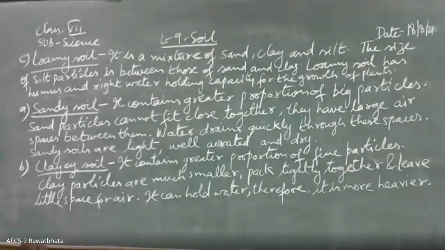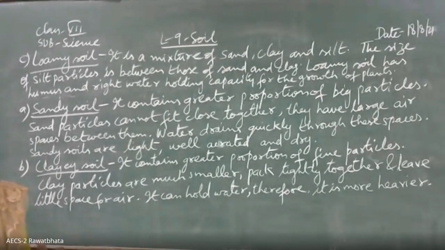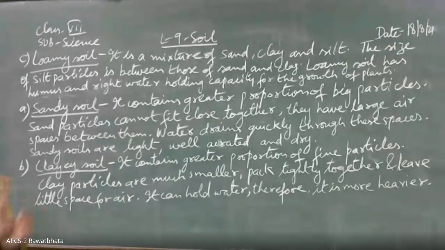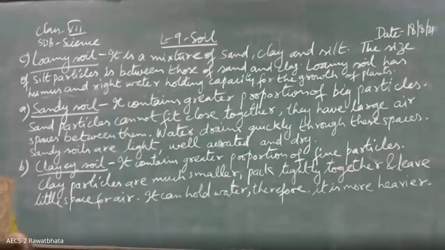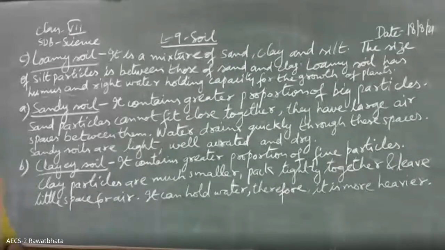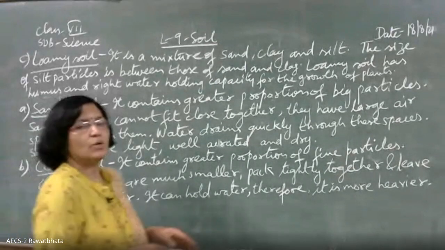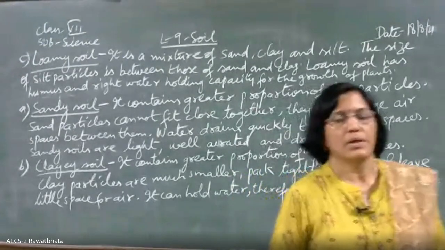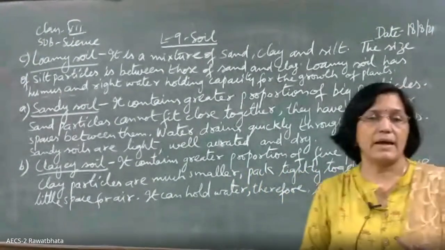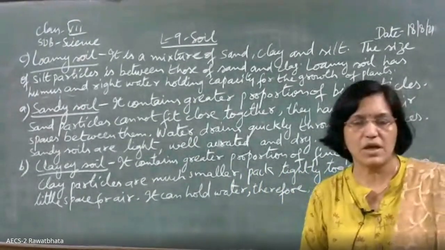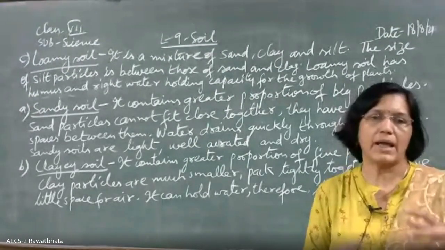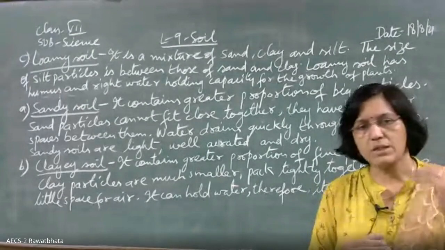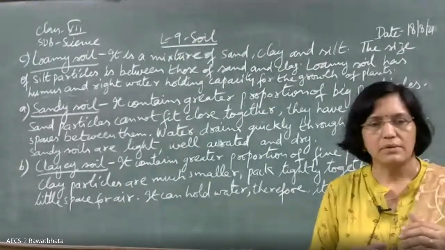And of course, if you want to understand the water holding capacity, or we want to know which particular type of soil can be used to make toys or statues, we can take up various types of soils, sand and clay specifically, and add some water to that.